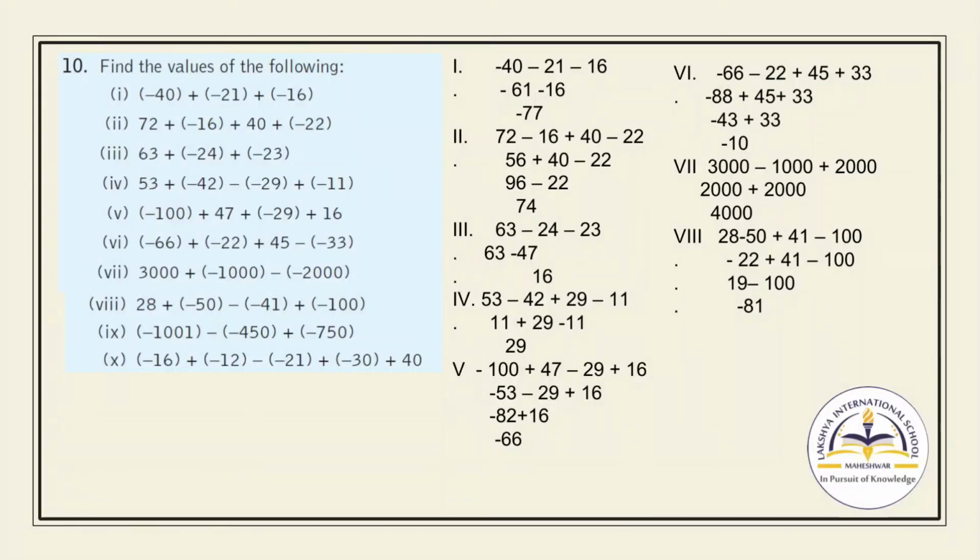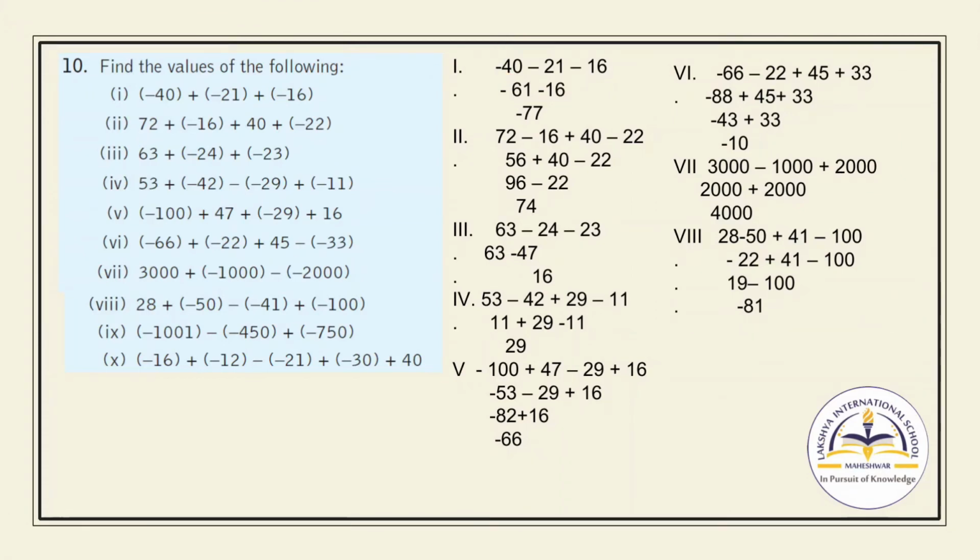Question number 10. Find the value of the following. The first question is minus 40 plus minus 21 plus minus 16. Here plus minus is minus, so minus 40 minus 21, minus 16.